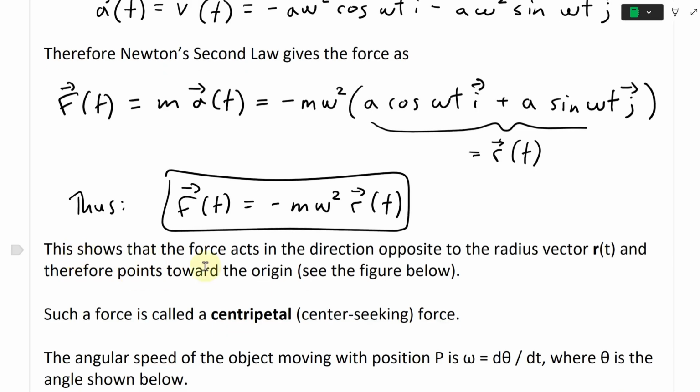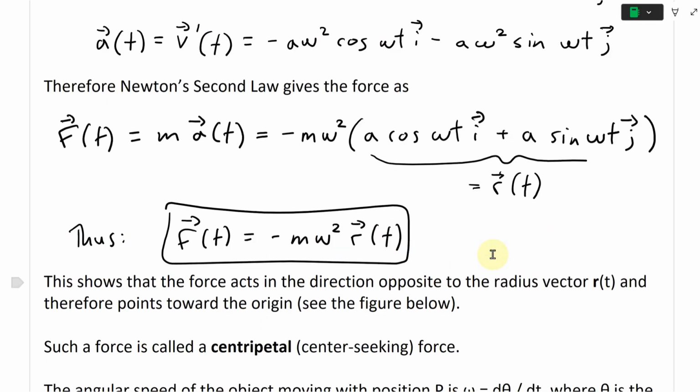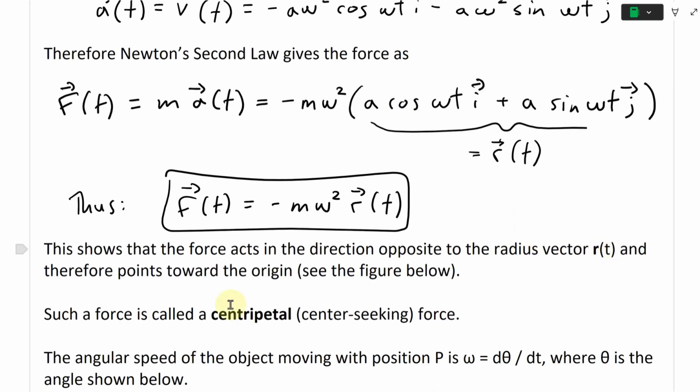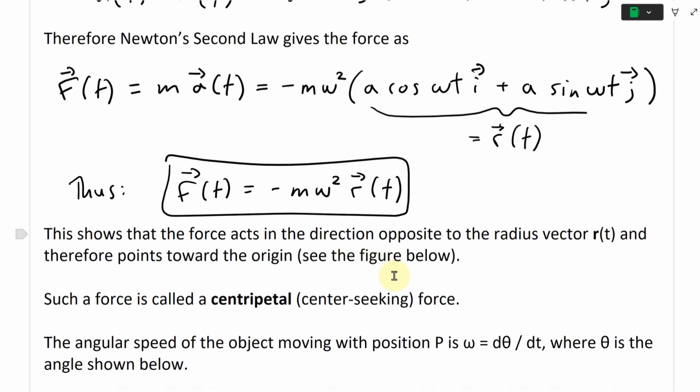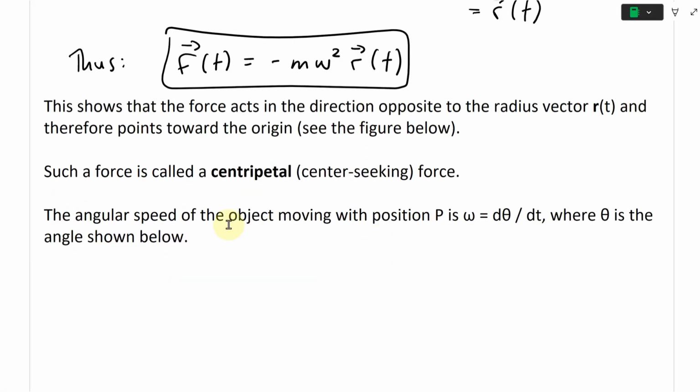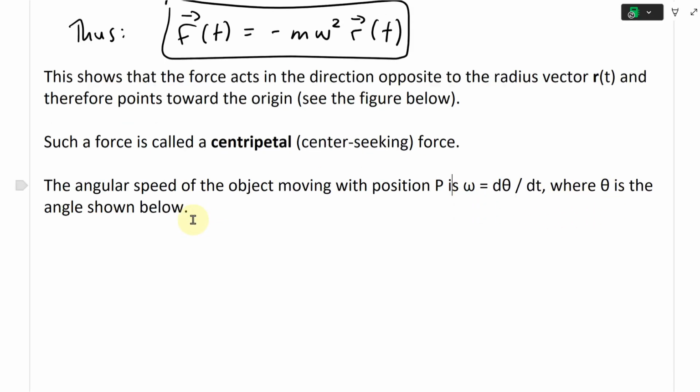This shows that the force acts in a direction opposite to the radius vector. This is a radius vector, because this is actually a circle. But anyways, this is a position vector r of t, and therefore the force points towards the origin. See the figure below, I'll illustrate that. Such a force is called a centripetal force, or center-seeking force, and the angular speed of the object moving with position P is omega equals d theta over dt, where theta is the angle shown below.